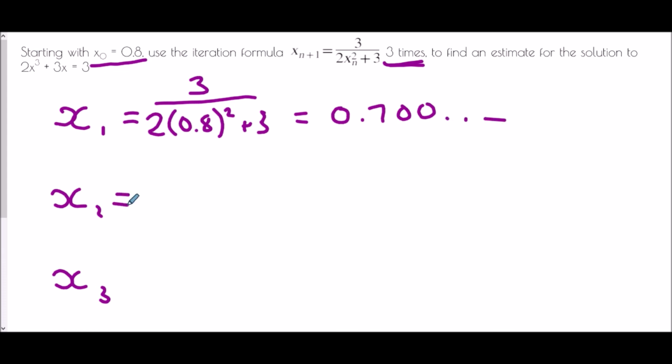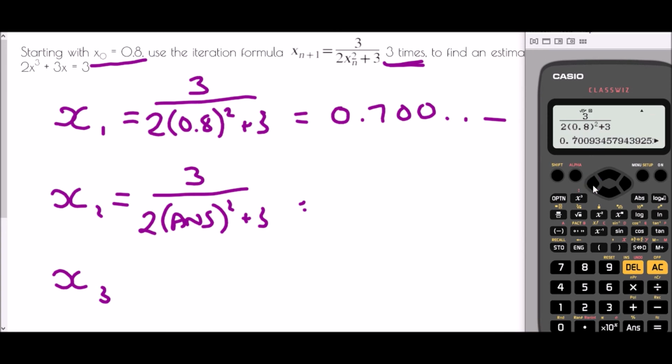We've been asked to do it 3 times, so we're going to do the same again as we've done in all of the previous ones. We're just going to replace that with answer. And if we go back to our calculator, let's change 0.8 for answer, see what we get.